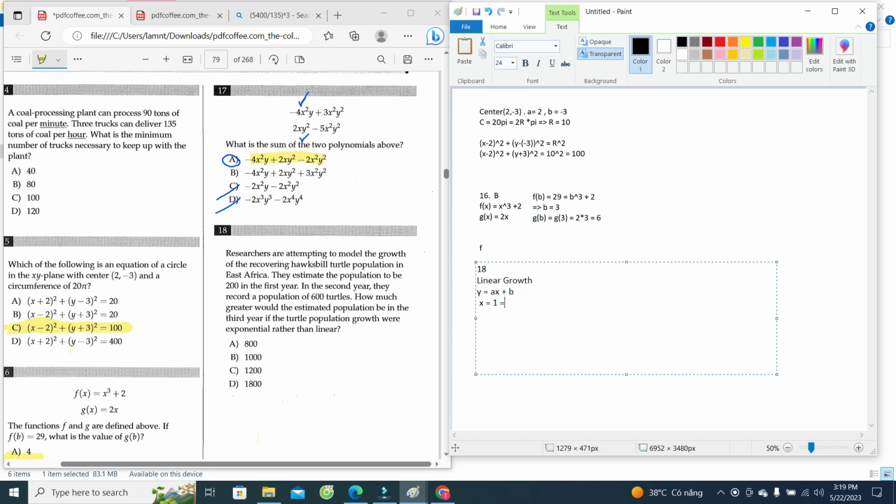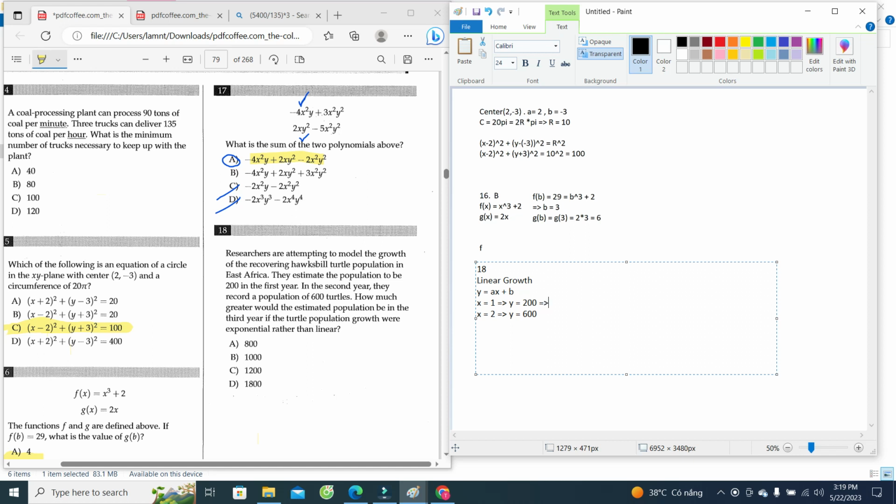Then we know that y is going to be 200. And we also know that if x is equal to 2, it's the second year, then y is going to be 600. So from these two, we can solve for a and b.